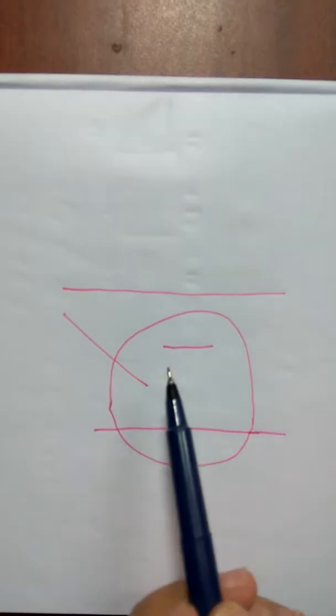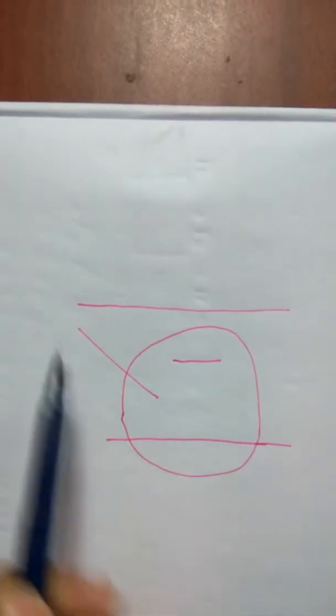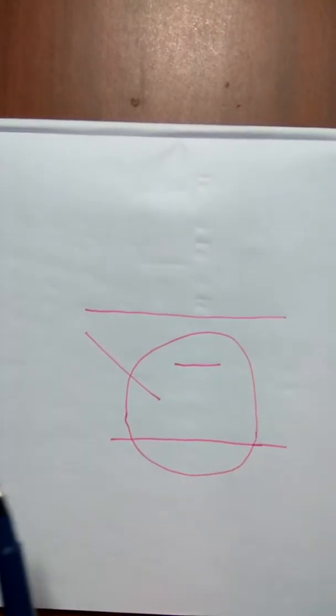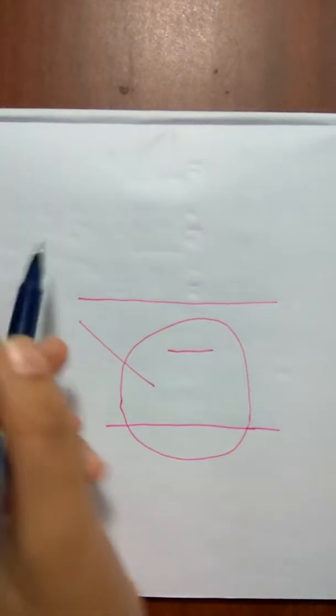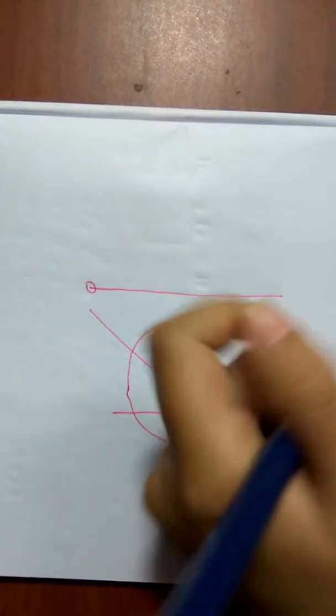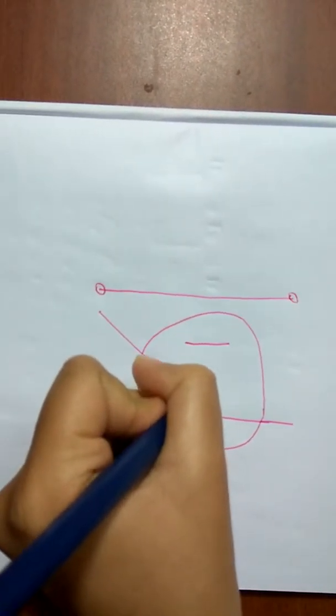First of all, the line is inside the frame, 1 point intersection, 2 point intersection, and the line is completely outside the frame. Now for this case we'll consider the endpoints of this line, and we know the center.